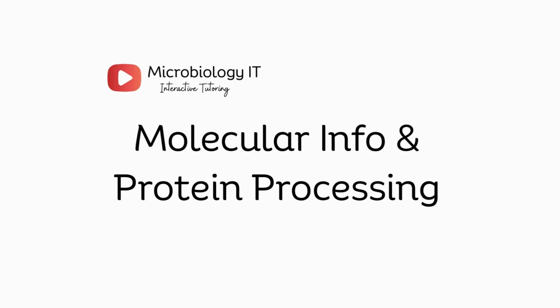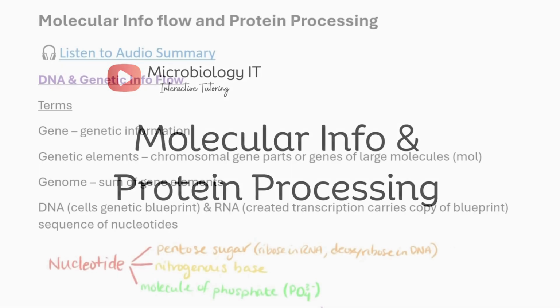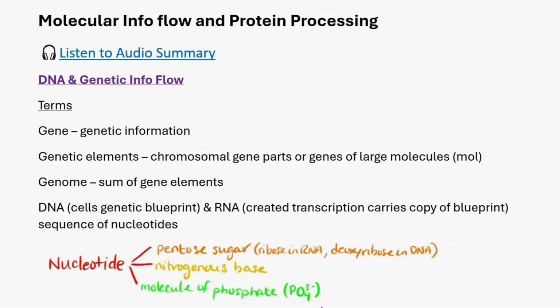Let's microbiology it. The molecular flow of genetic information and protein processing is central to understanding microbiology. At the heart of this process lies the genetic material, DNA, which serves as the cellular blueprint for all biological functions.